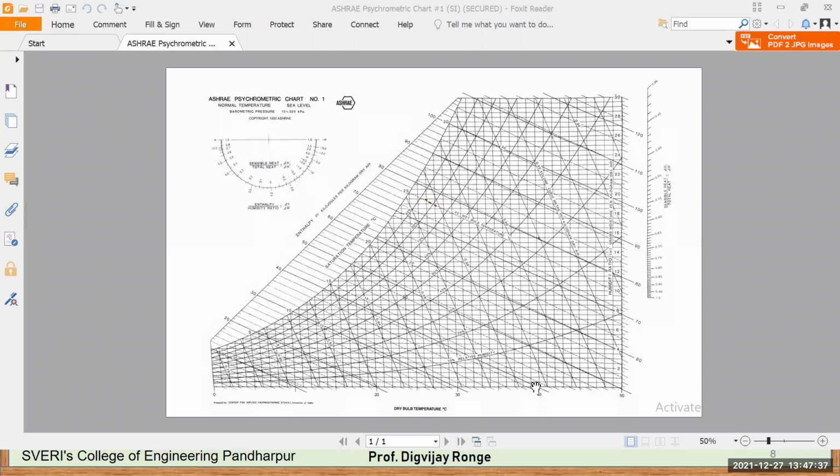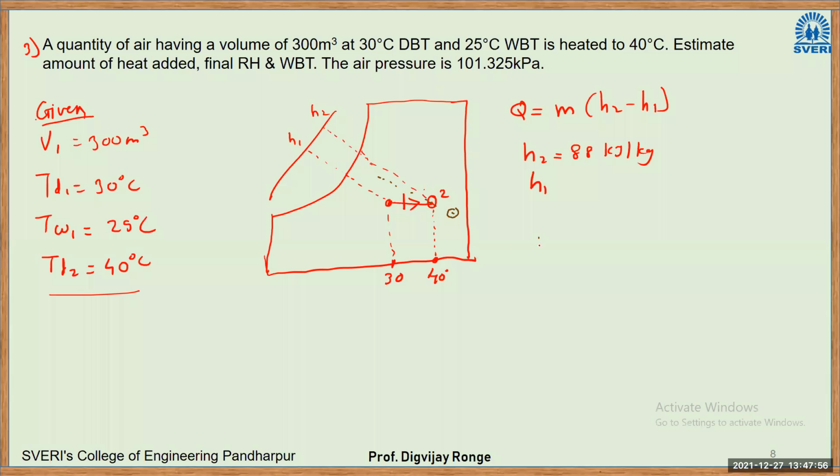So again, I think I have to draw it. Right. So 30 and 25 will intersect here, and their enthalpy will be equal to this much. So this is 76, 77, right? 77 kilojoule per kg.